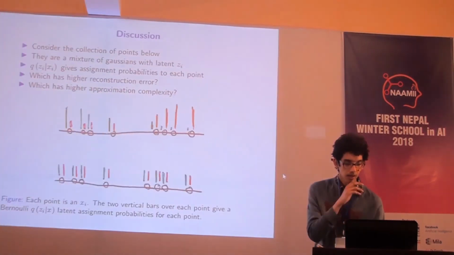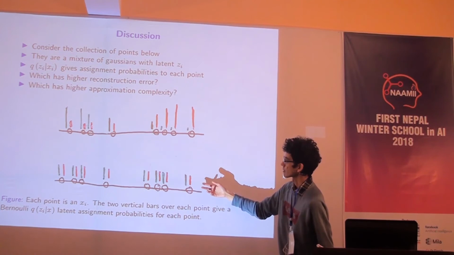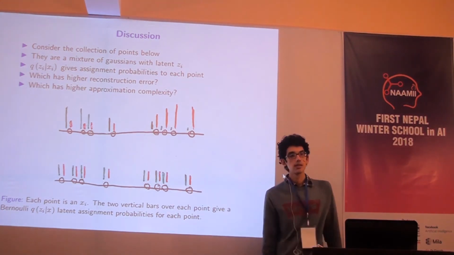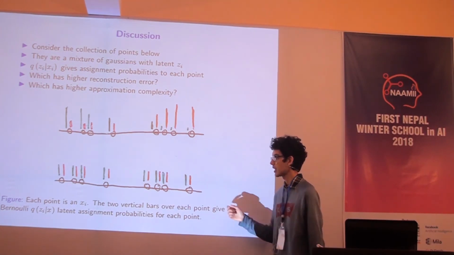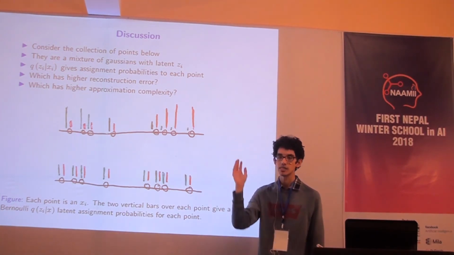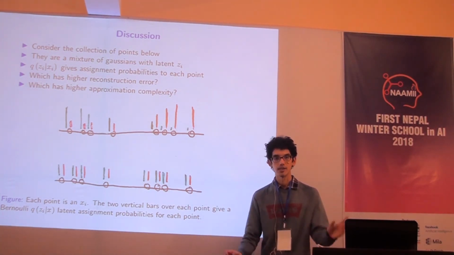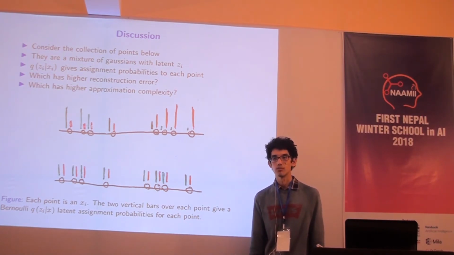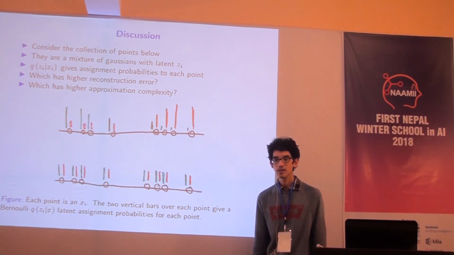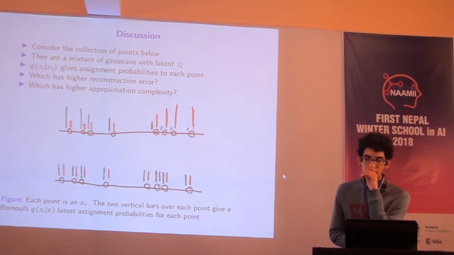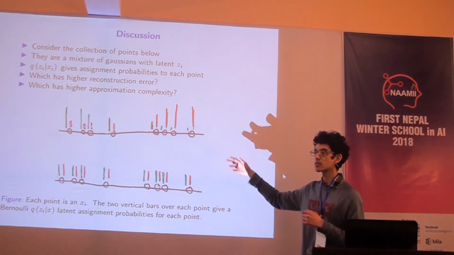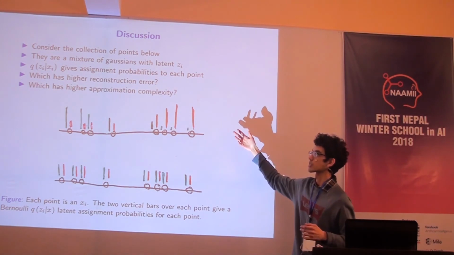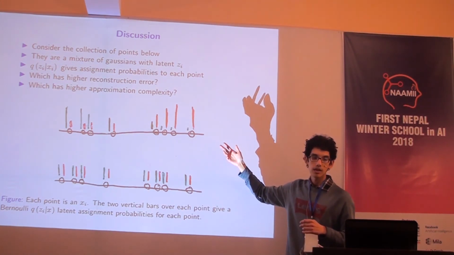Now the bottom is a different configuration of Qs over these points. In this configuration, I look at each point and say there's a 50-50 chance of being red or green. I'm not going to make any guess about which component it really belongs to. So the question for you is, between these two options, which one has higher reconstruction error, and which has higher approximation complexity?